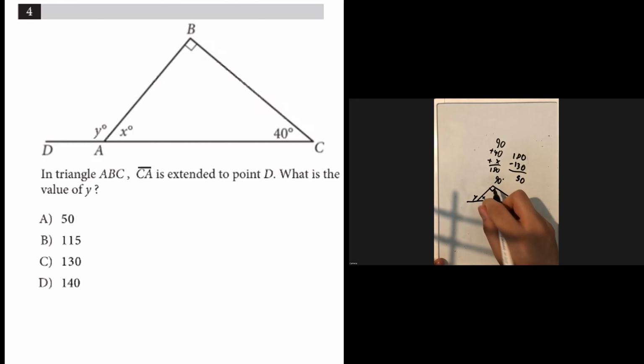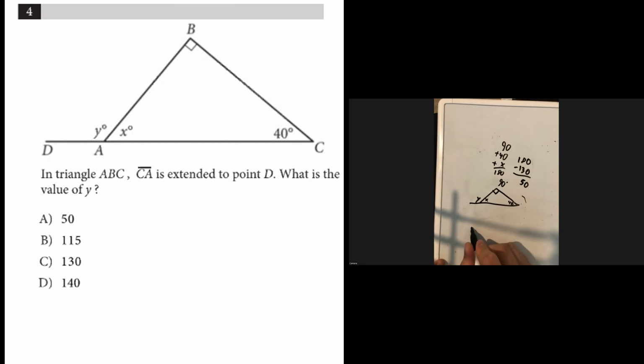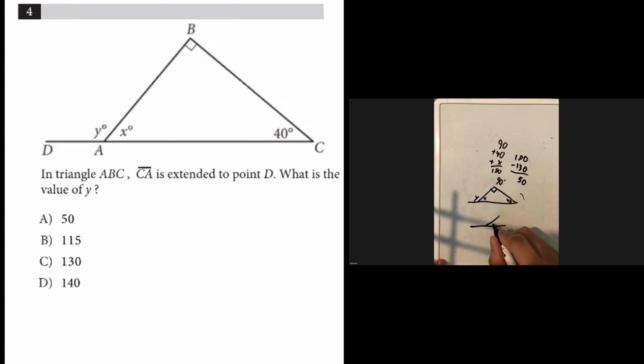So we know that x has to be 50 degrees. And so it's asking what is the value of y? Well, since it's a line, the two angles have to add up to 180. And so you'd have 180 minus 50, which would get you 130 again. So the answer choice would be 130.